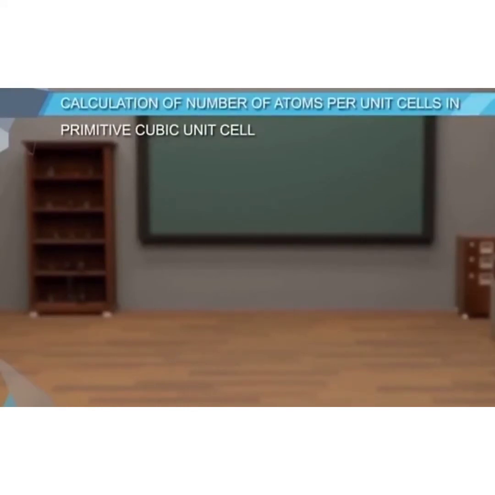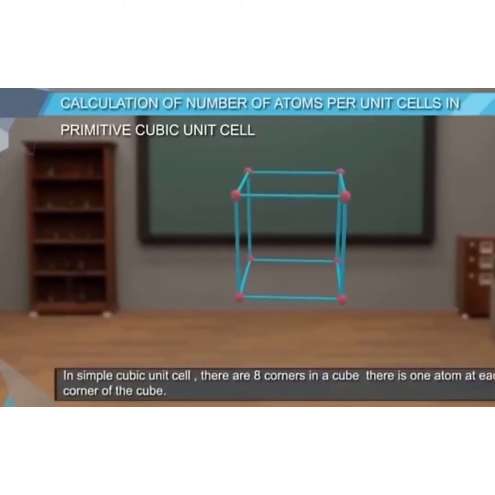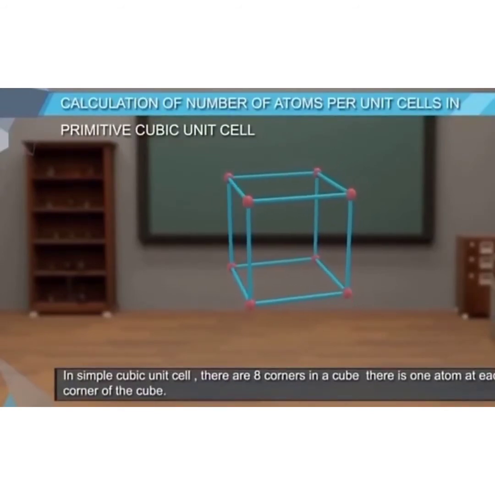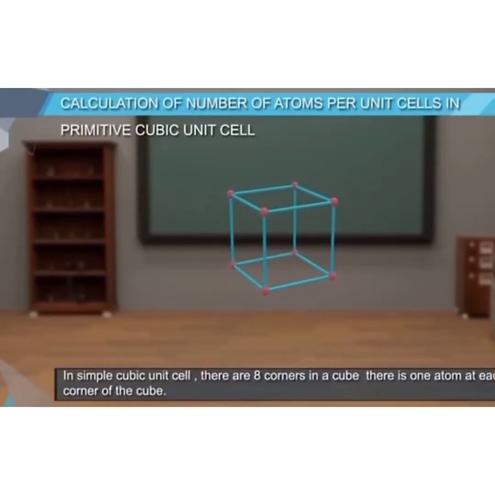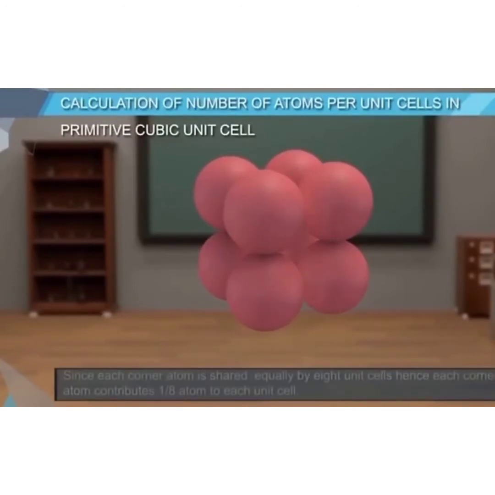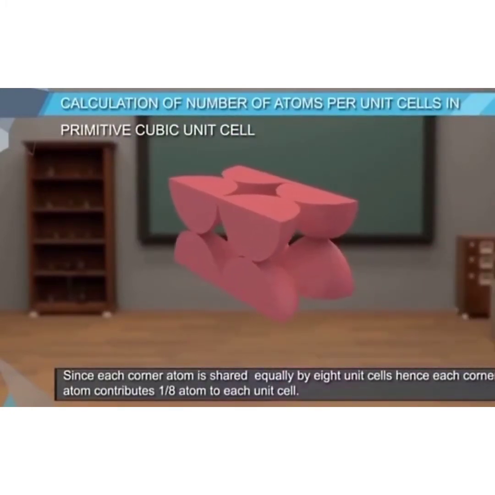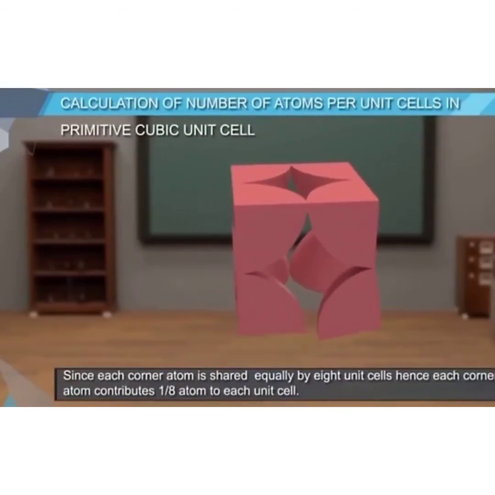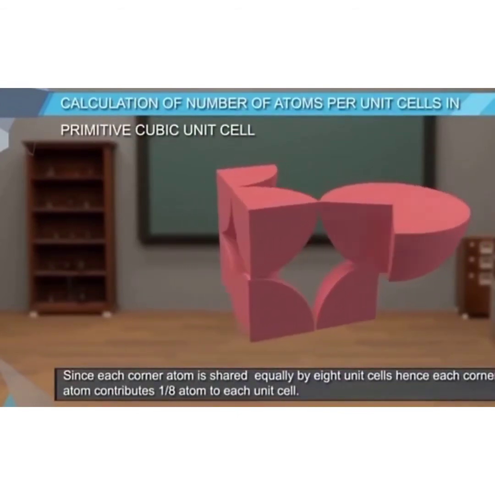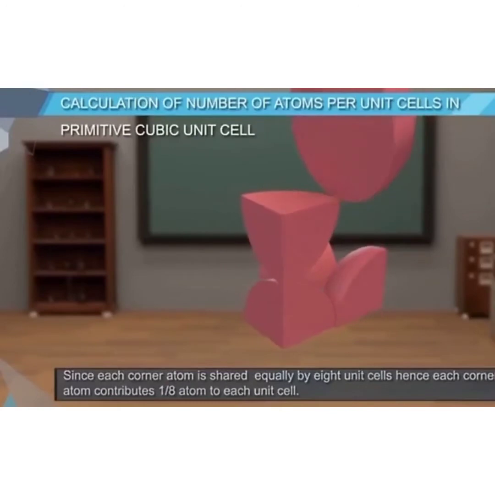In primitive cubic unit cell, atoms are present only at its corner. There are 8 corner atoms. Each atom present at the corner is shared between 8 adjacent unit cells. Hence, each corner atom provides 1/8 atom to the unit cell.